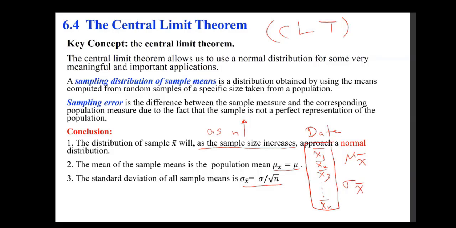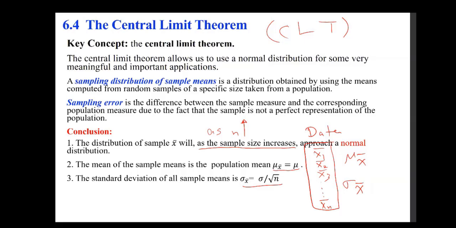So for all these x bars, x1 bar, x2 bar, and so on, we can calculate the mean using the formula, which is to add them up and divide by the size. We can calculate sigma, or standard deviation, which is the summation of x minus x bar over n minus 1, or actually the summation of x minus mu, quantity squared, over capital N.